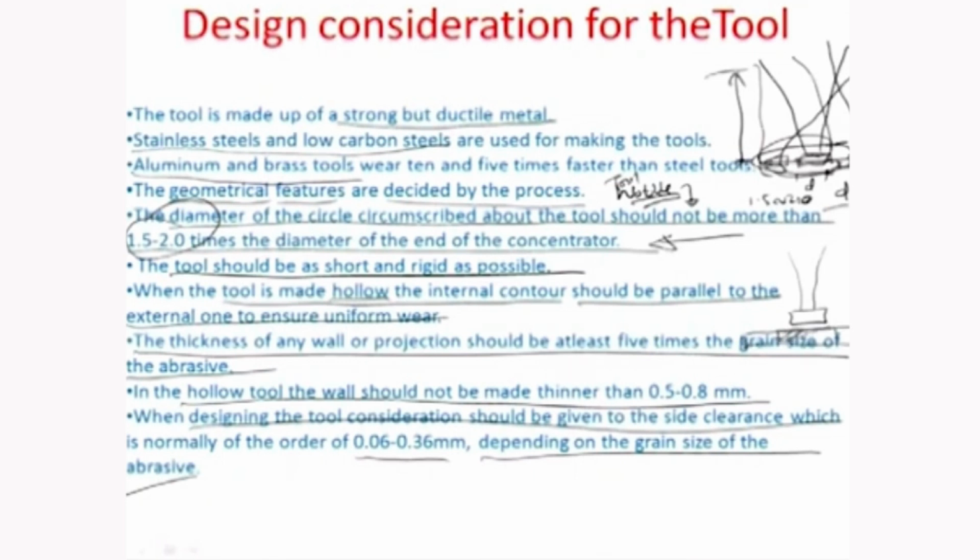So there should be some clearance given for the wobbling of the tool, of the order of about 60 microns to 360 microns, and it is highly dependent on what abrasive grain size you are using. These are some of the design considerations for the USM tool, which are important.